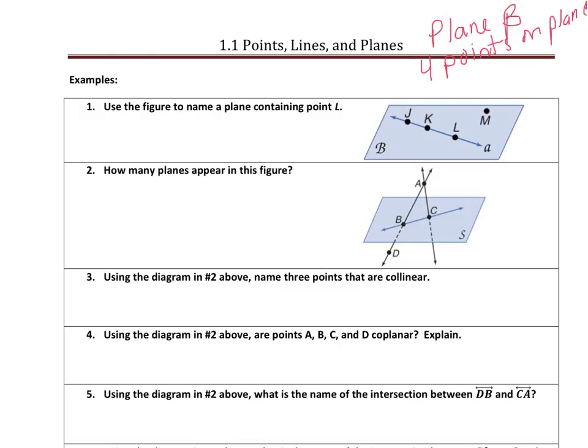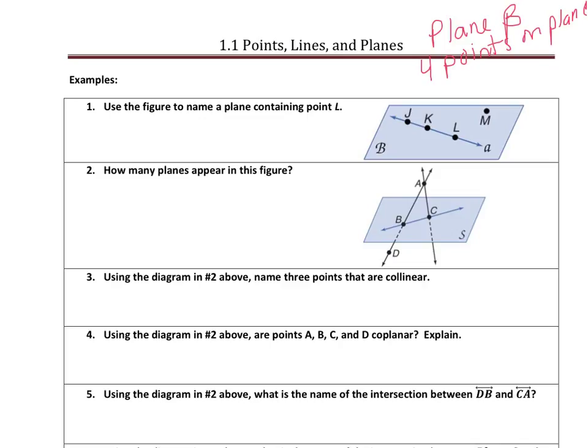I'm sorry, my handwriting is messy. We've got J, K, L, M. Those are all 4 distinct points. And because they're all on the same plane, we could say that those 4 points are coplanar. We've got some collinear points. J, K, L are all on the same line, and they are all on the line A.